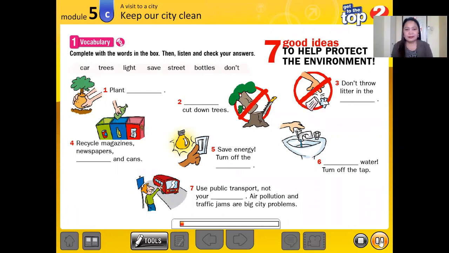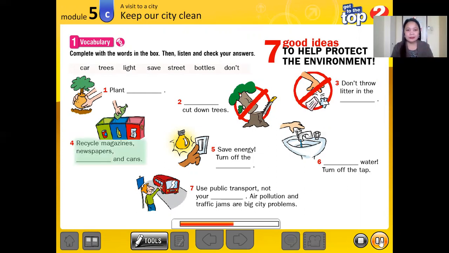5C. Keep our city clean. 1. Vocabulary. Complete with the words in the box. Then listen and check your answers. 7 good ideas to help protect the environment. 1. Plant trees. 2. Don't cut down trees. 3. Don't throw litter in the street. 4.